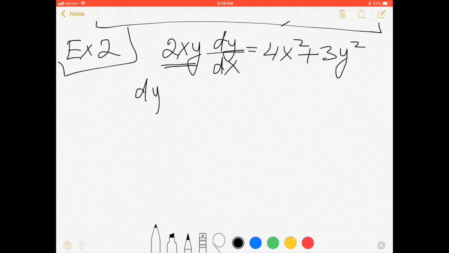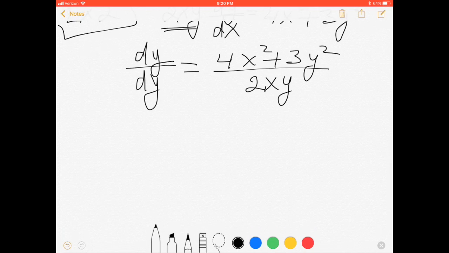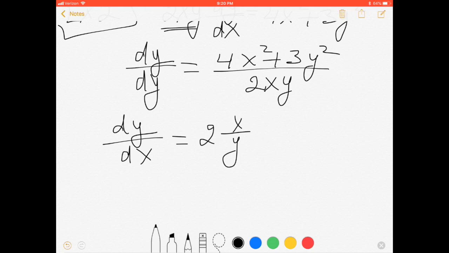We have our derivative dy/dx equals (4x squared plus 3y squared) over 2xy. And if you separate here, you have dy/dx equals 2x over y plus (3/2) y over x.